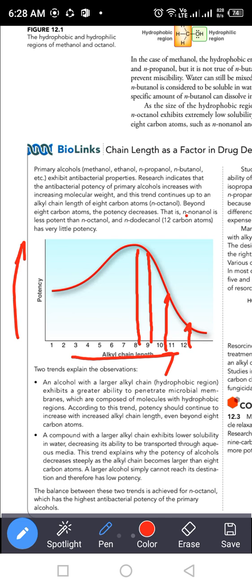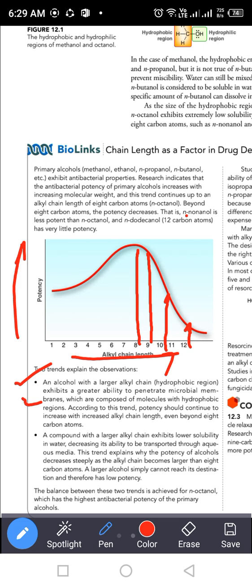Why? This graph can be explained by two observations or two trends. Number one: we know that alkyl groups are hydrophobic and exhibit a greater ability to penetrate the microbial membrane, which is composed of molecules with hydrophobic regions.